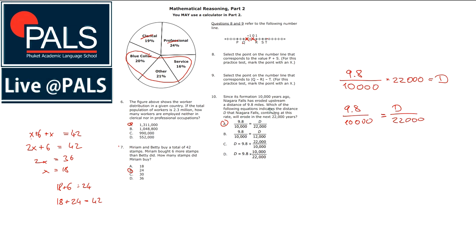And this is the assumption that was made in the text, if it continues to erode at this rate. To find D, we just have to move the 22,000 over to the other side by multiplying it, so we can cancel it out on this side. If we multiply by 22,000 here and do the same operation on the other side to keep it the same, then we can see that this will cancel out, and we are left with D equals 9.8 over 10,000 times 22,000.